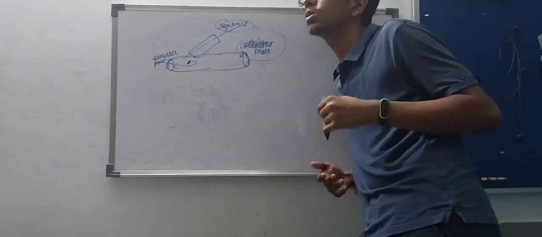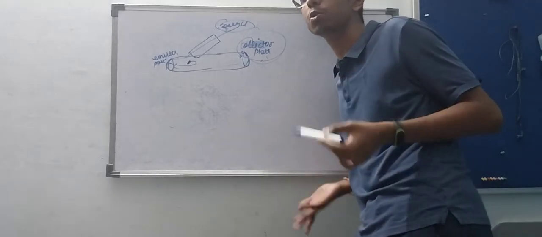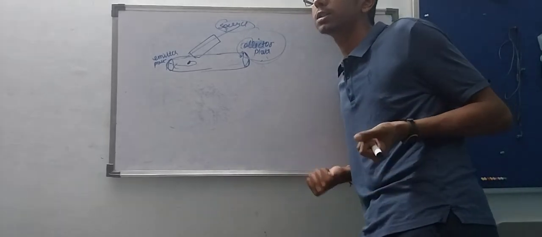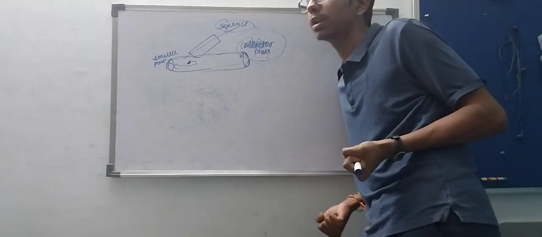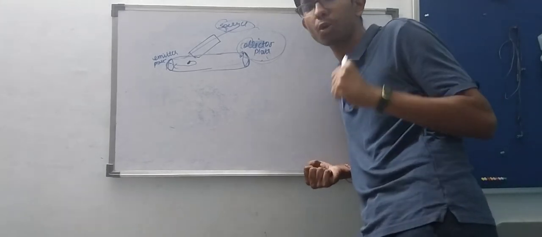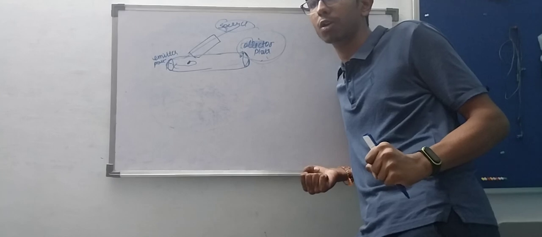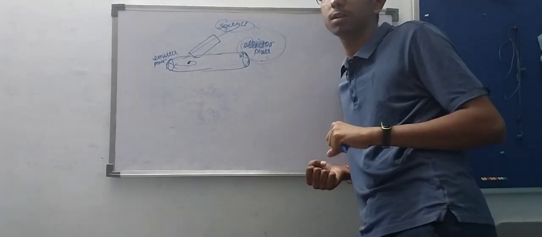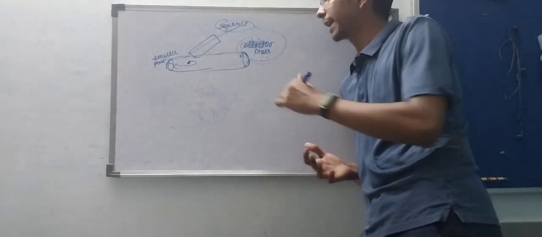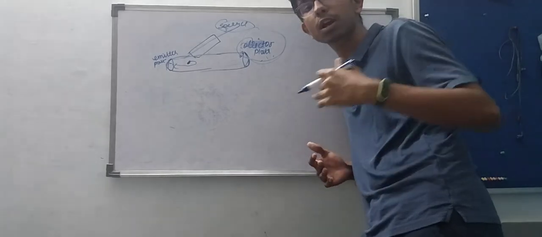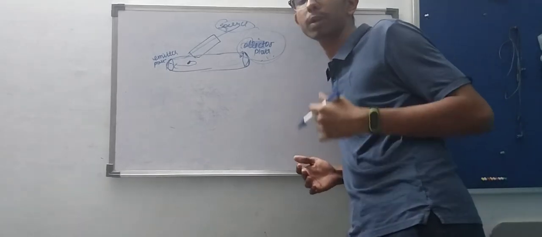Now you decrease it more, and it becomes more and more negative. The repulsion becomes so strong that at one point even the maximum possible kinetic energy of the electron is not able to reach it. At this point, the potential of the collector plate is called the cutoff potential or stopping potential.